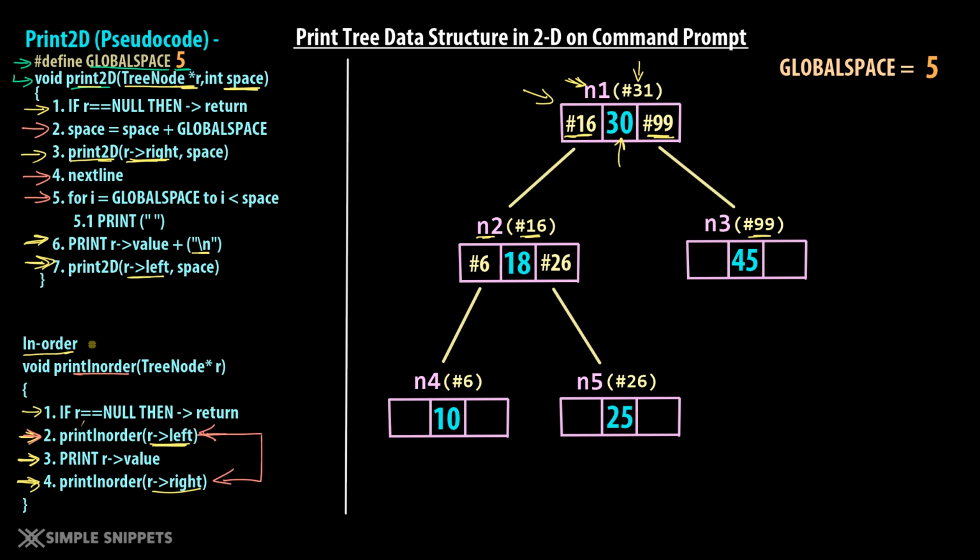It is actually a thing; you can look it up on Wikipedia. I did not cover reverse inorder traversal because we only have to swap these two statements. So print2D is basically a reverse inorder traversal, and all the extra statements marked in red are nothing but creating those spaces to create a tree-looking structure onto the command prompt.